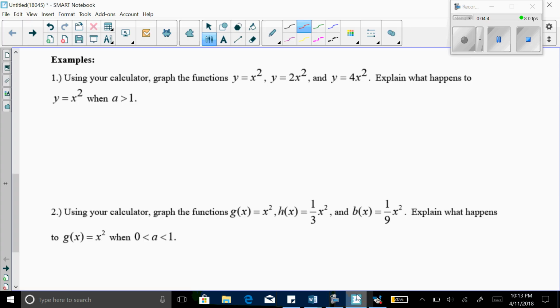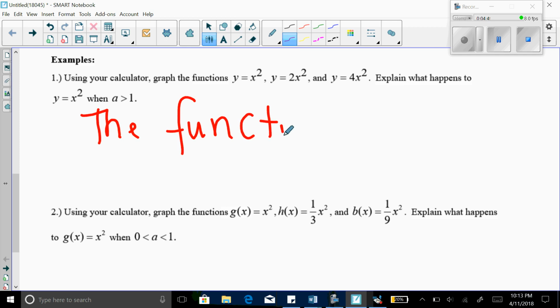So explain what happens. We want to say the function becomes, and we're not going to use skinny and fat just because those aren't really math terms. We're going to use the word narrower, or wider?